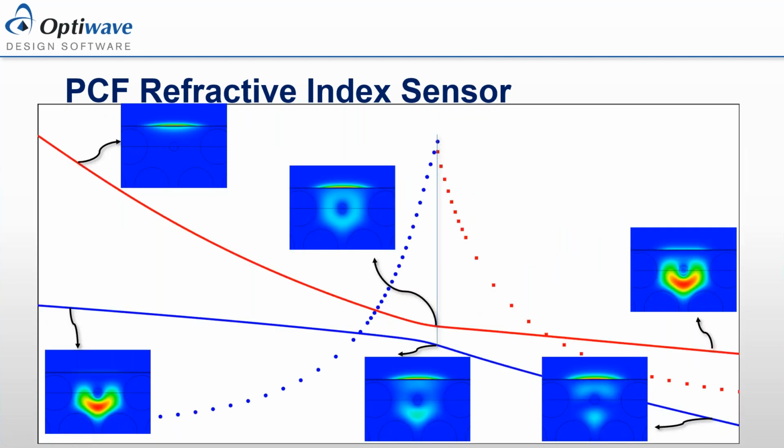To give a better sense of what's happening, we're going to take a look at that previous graph, but we're going to take a look at fields at the different wavelengths. And what we see here is that the effective indices of the symmetric, which is the upper modes, and the anti-symmetric modes, we can see it track as we approach the phase matching condition, which is located here, at which point the two overlap and match and then carry on.